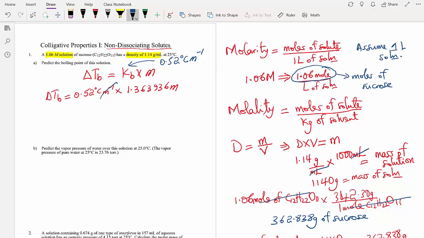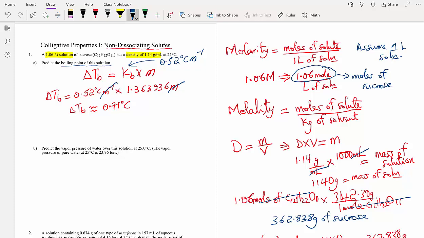The molal will cancel out, and if you put this into the calculator, you should get approximately 0.71 degrees Celsius.